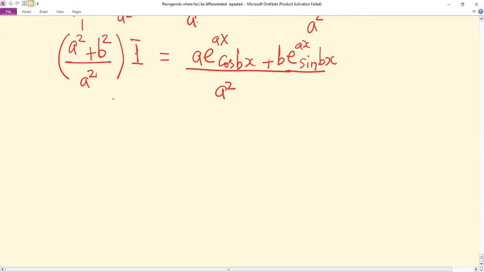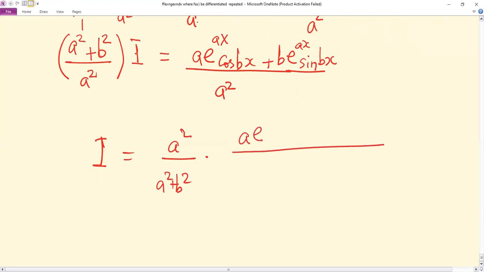And then we multiply by the reciprocal, so we have I is the same as a squared over a squared plus b squared times a e raised power ax cosine of bx plus b e raised power ax sine bx over a squared.